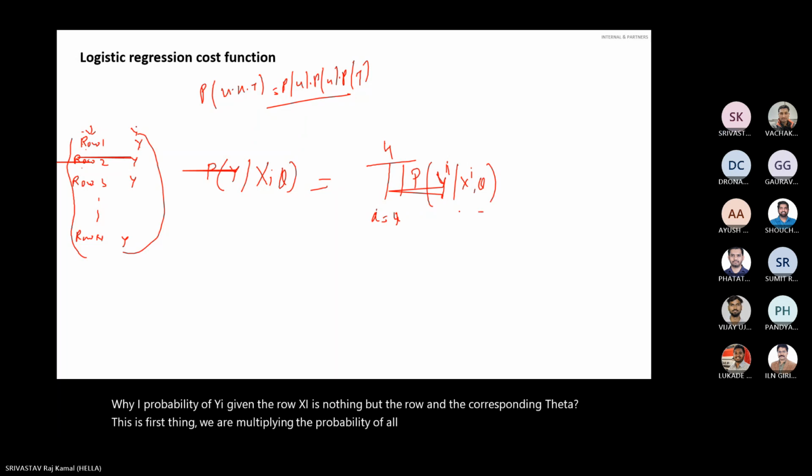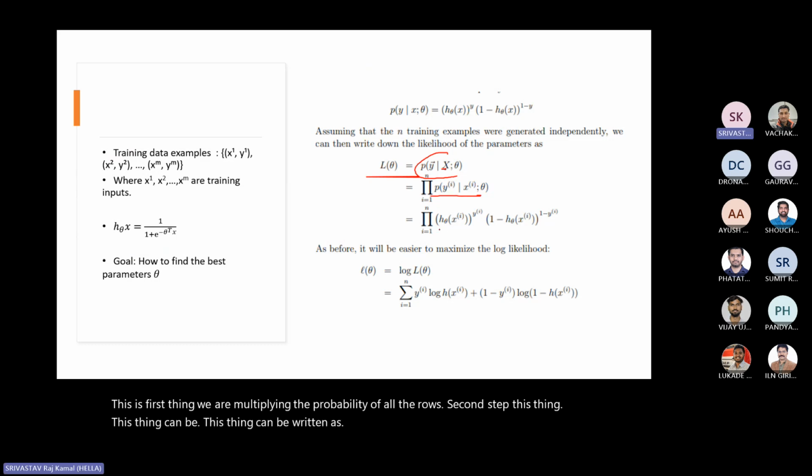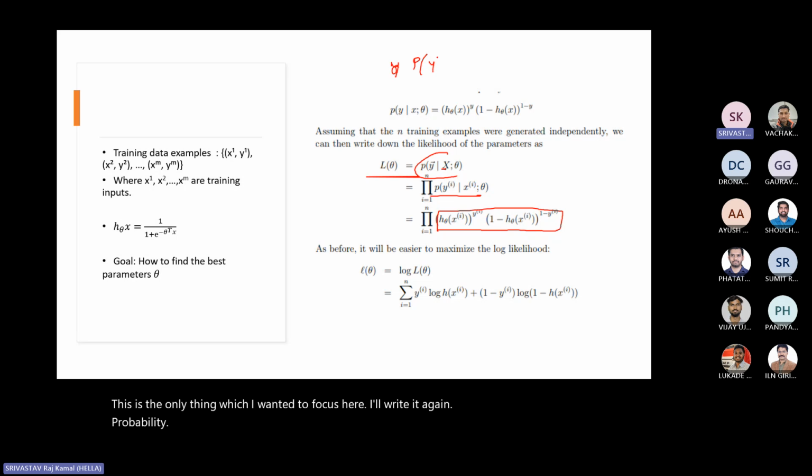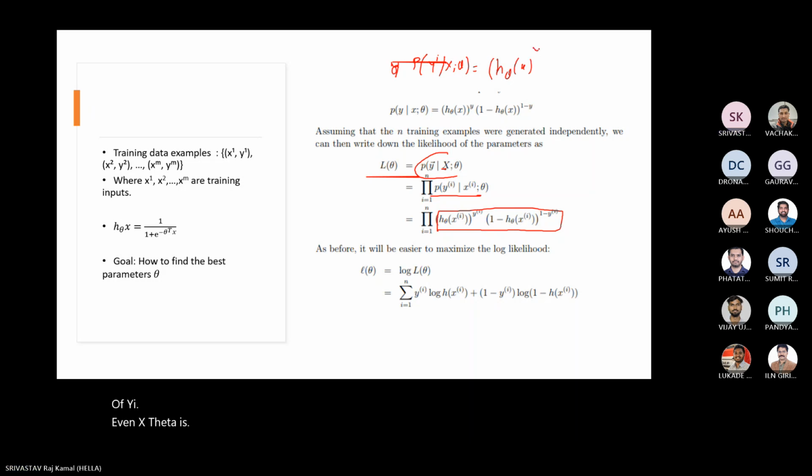Second step, this part can be written as this. This is the only thing I wanted to focus on here. I'll write it again. Probability of yi given x theta is s theta x. Though we are writing two terms here, at the end this is just one term.